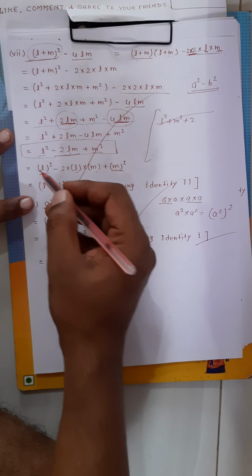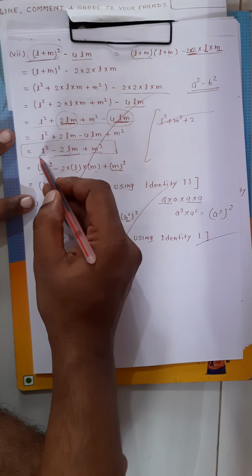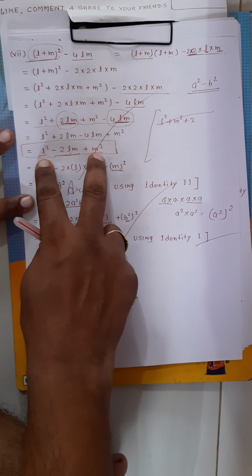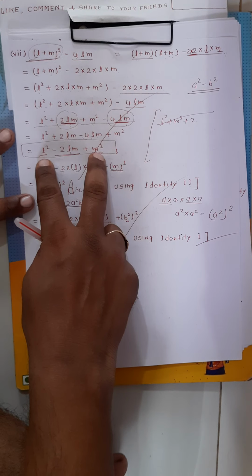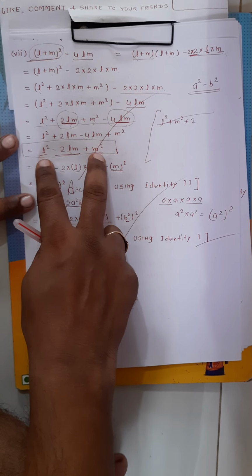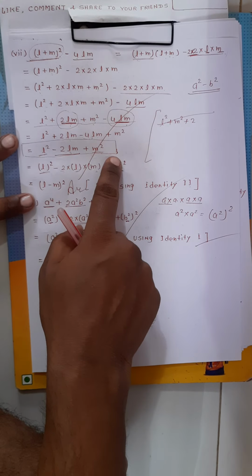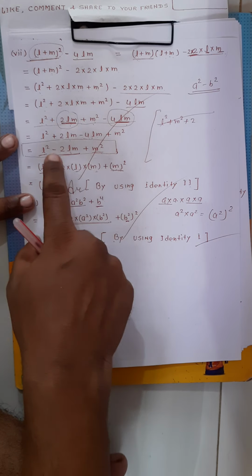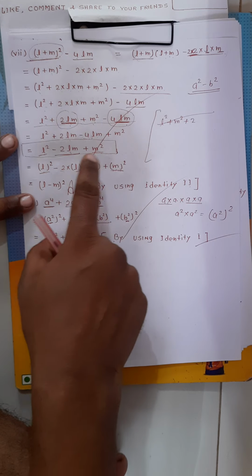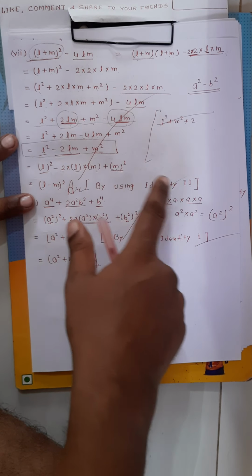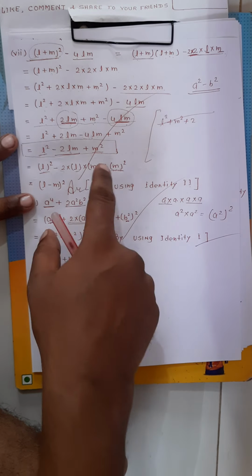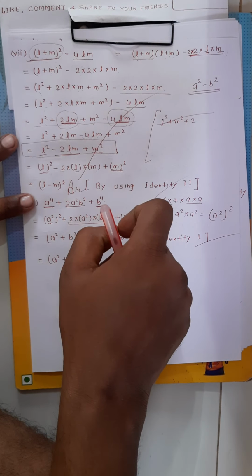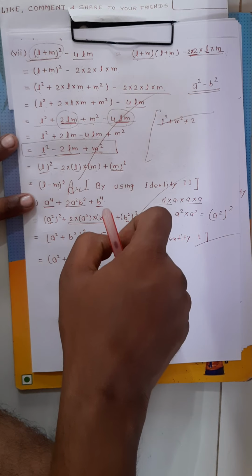Now we will check all the methods for this expression. First we check for a common factor. Here there is no common factor. Regrouping we cannot do here because it does not have 4 terms. Identity number third we cannot use here because it does not have 2 terms. We can use identity number first or second only.